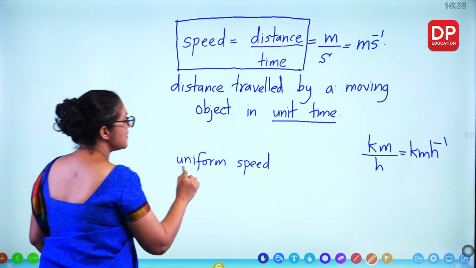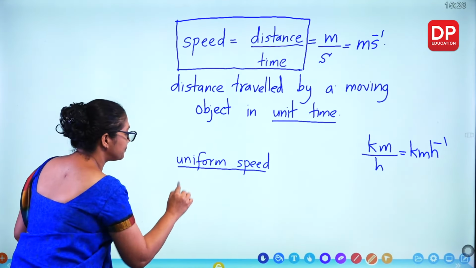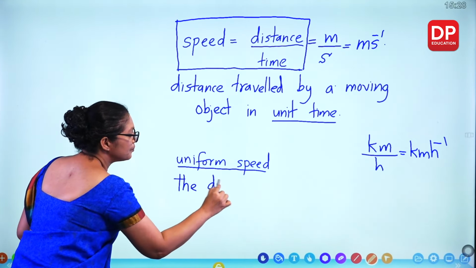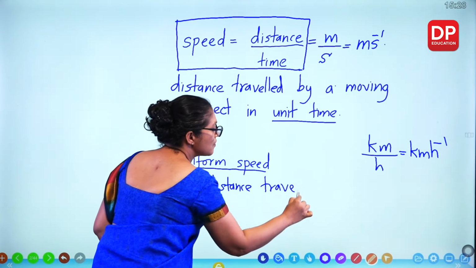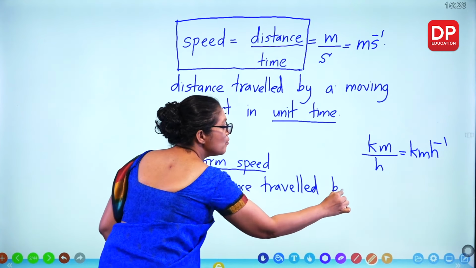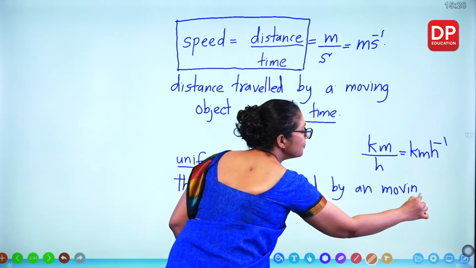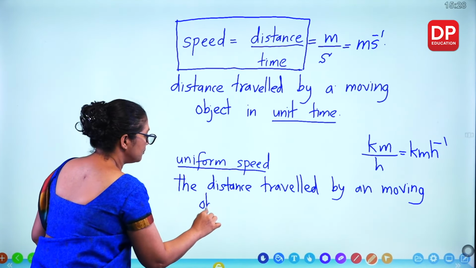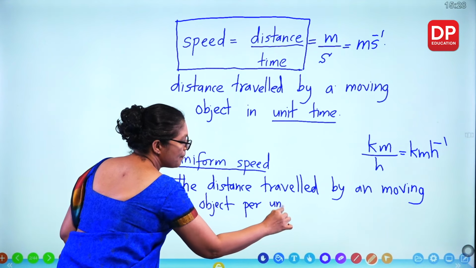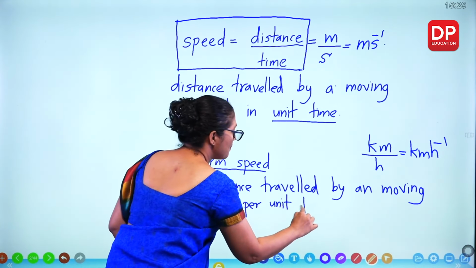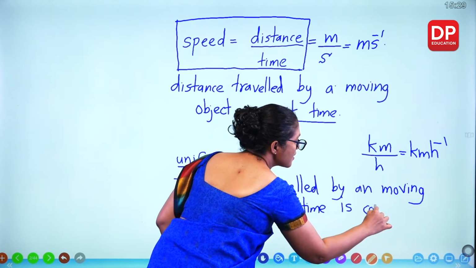Uniform speed is defined as the distance travelled by a moving object per unit time is constant.